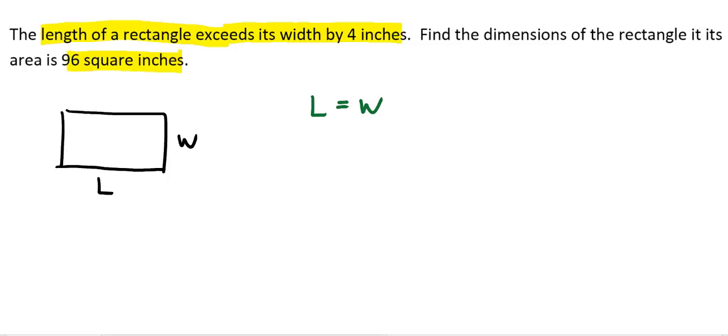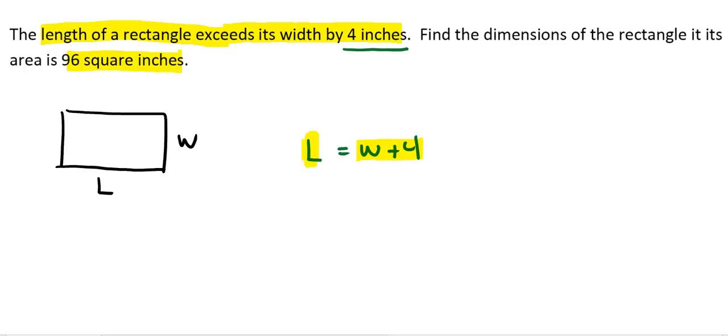But the length is bigger by 4 inches, so I need to insert this 4 by doing L equals W plus 4. If you read this from left to right, this means the length is the width plus 4 inches. So that's equation number 1.